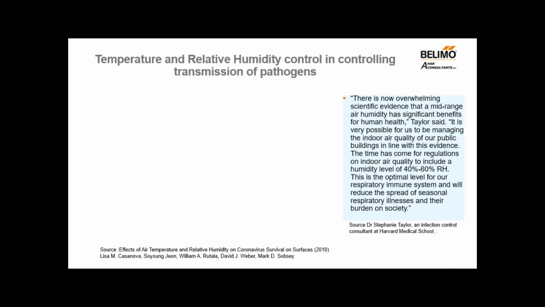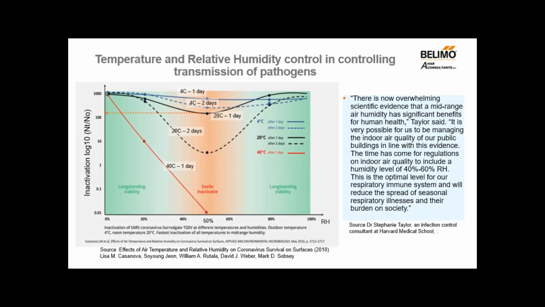What about air humidity in controlling transmission of pathogens? This graph shows the relationship between relative humidity and virus activation. There is a relationship between temperature and humidity in controlling virus.